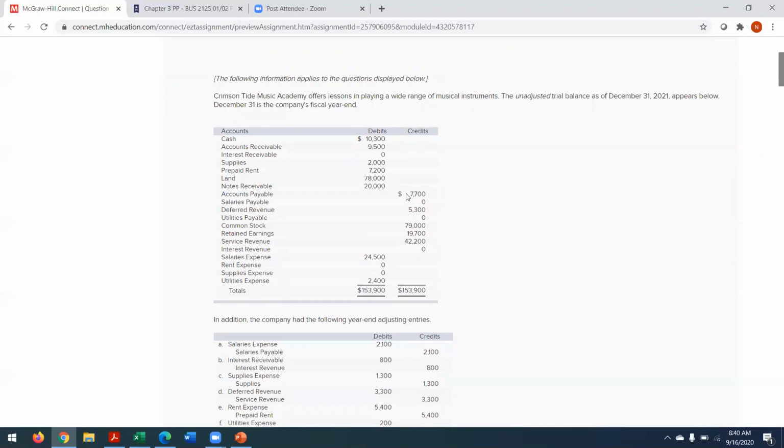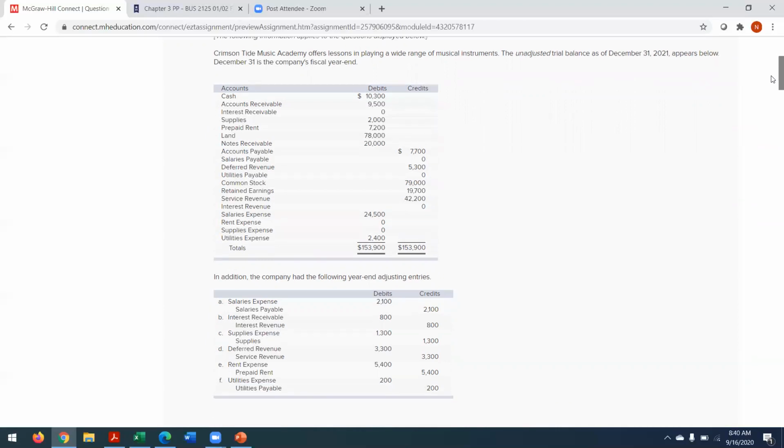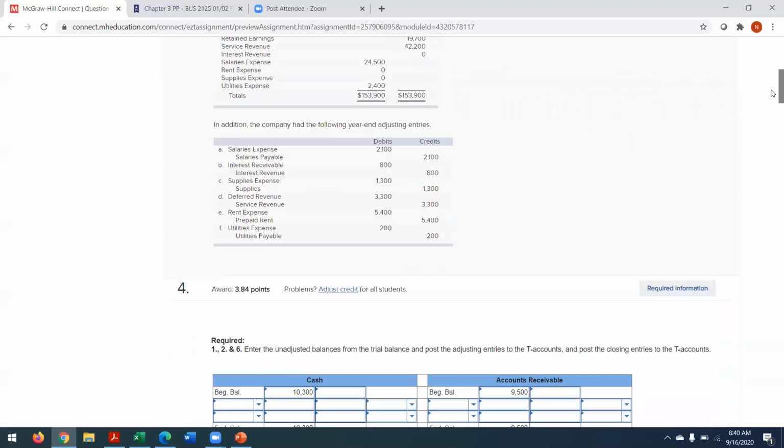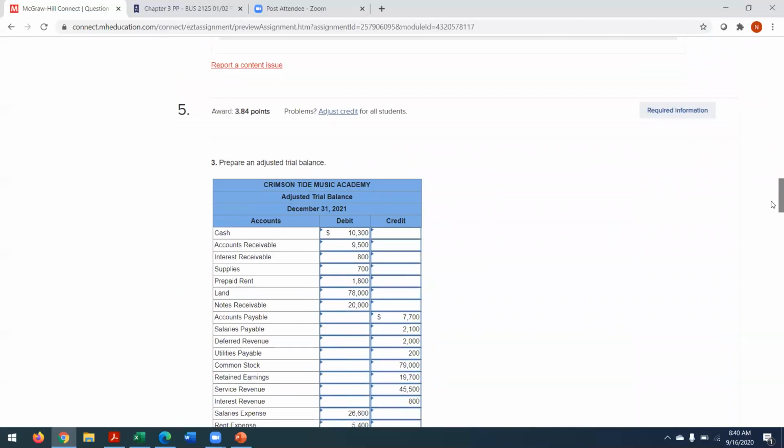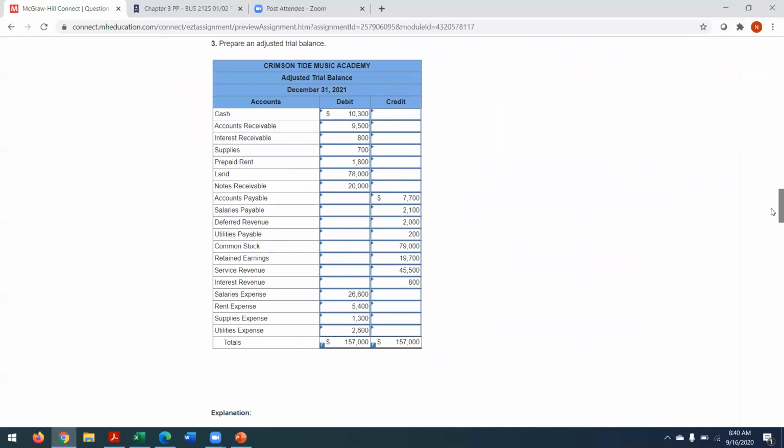Post these and then post your adjusting entries. And then from there, we will together go and create your adjusted trial balance.